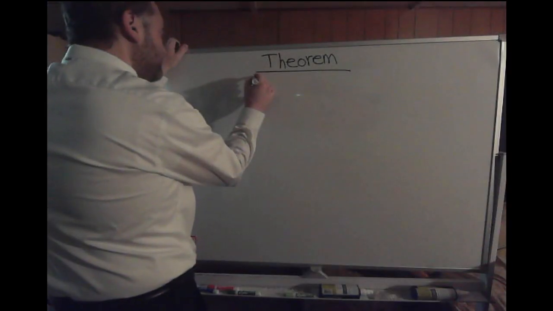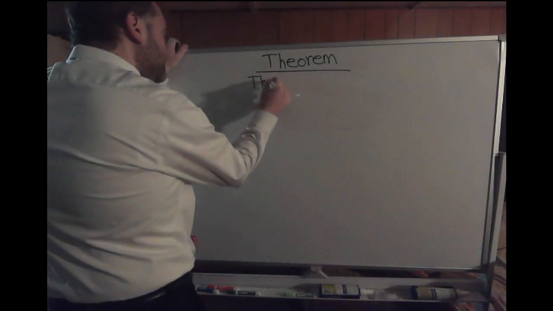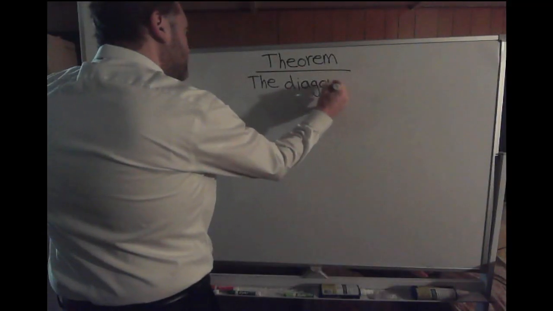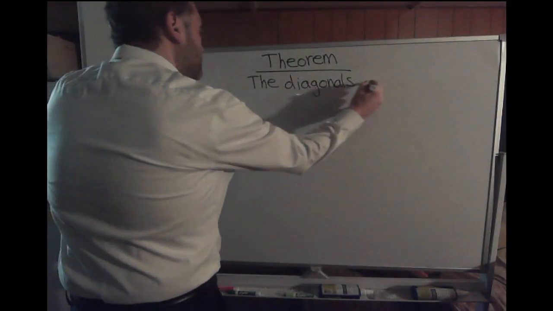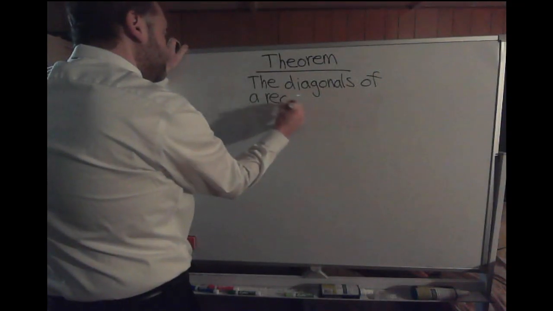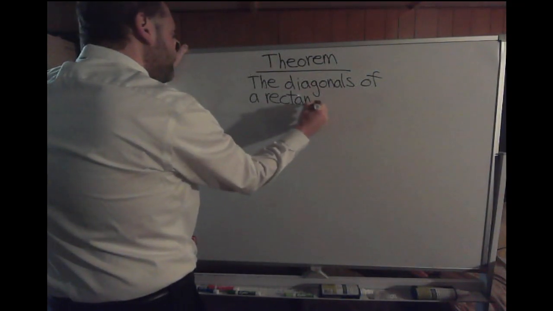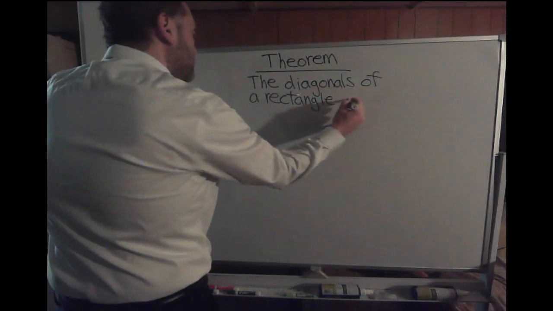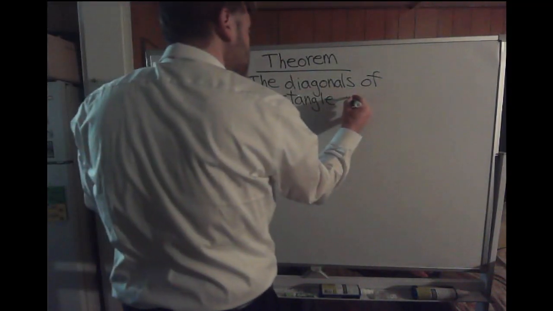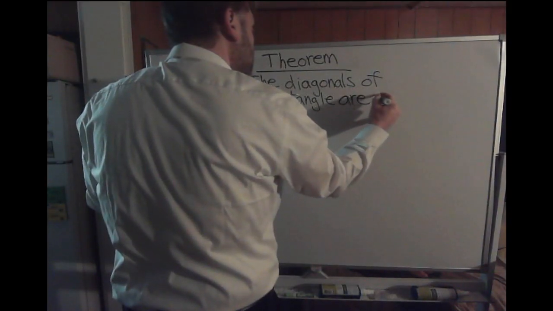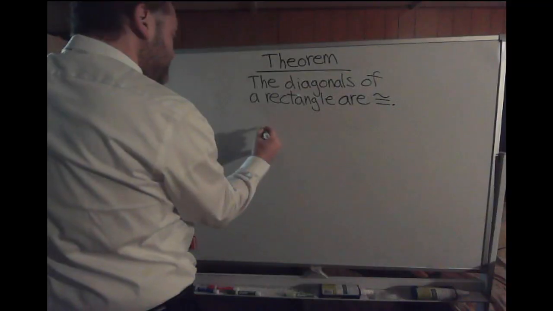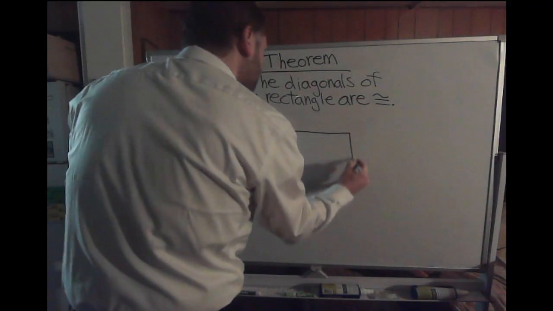The first theorem is the diagonals of a rectangle are congruent. Alright, so the theorem states that the diagonals of a rectangle are congruent.